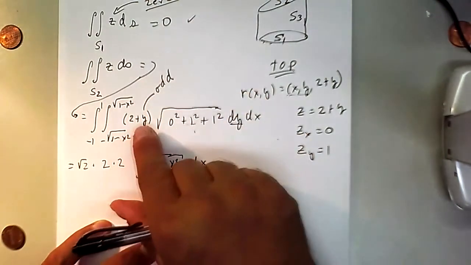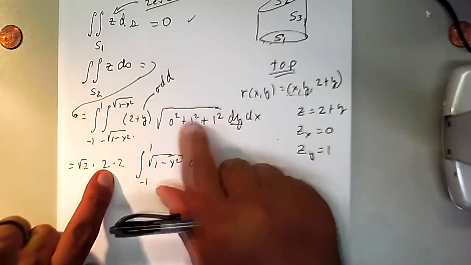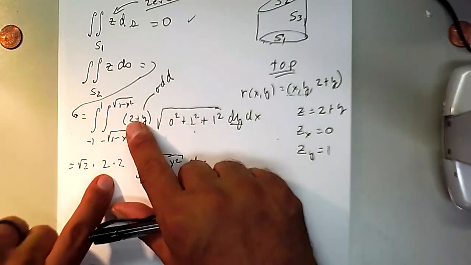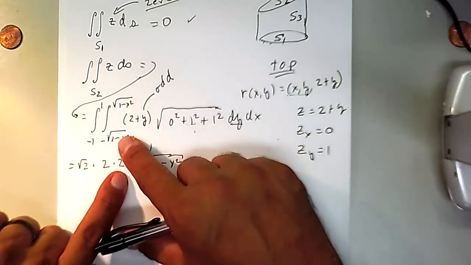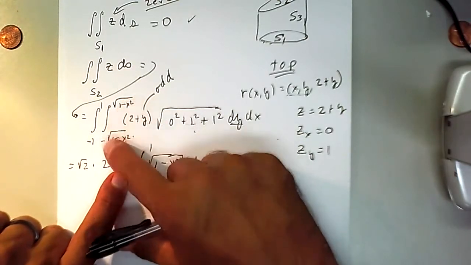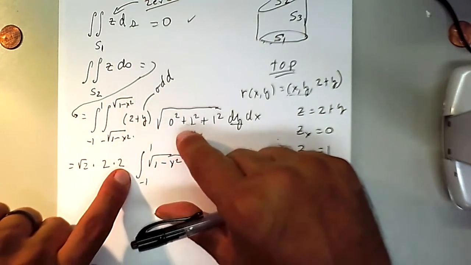Now let's just make sure. This 2 is this one. Well, first of all, 1 plus 1, square root of that, that's the square root of 2. This 2 came from that. The second 2 came from doing the top minus the bottom, because we're just integrating a constant. So this minus negative that of the same thing is just 2 of that, the first one. So that's the 2.